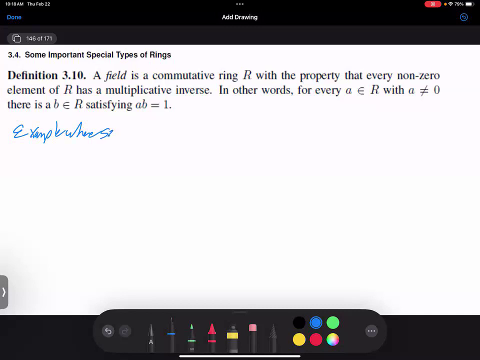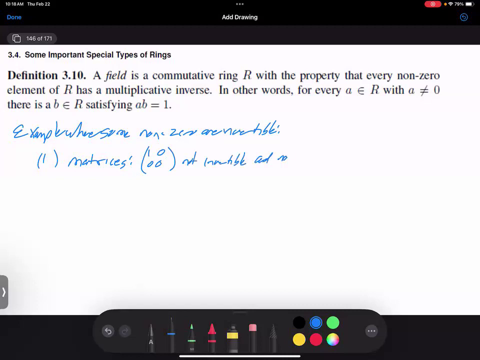Okay, where some non-zero are invertible. So you said matrices. Good, so [[1,0],[0,0]] is not invertible, and it's not the zero element.